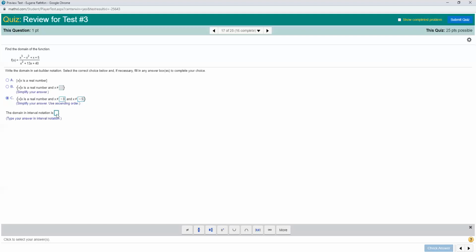And then they want me to put it in interval notation. So that's why they want you to do ascending order here, because going left to right, you would hit negative 8 first and then the other one. So remember, you would start at negative infinity until you hit negative 8. Then you would go over here and union from negative 8 to negative 5.